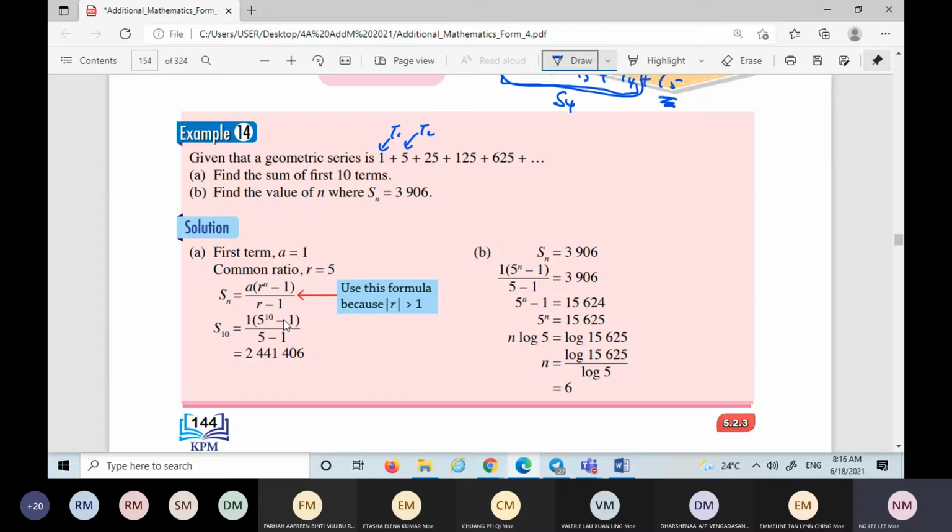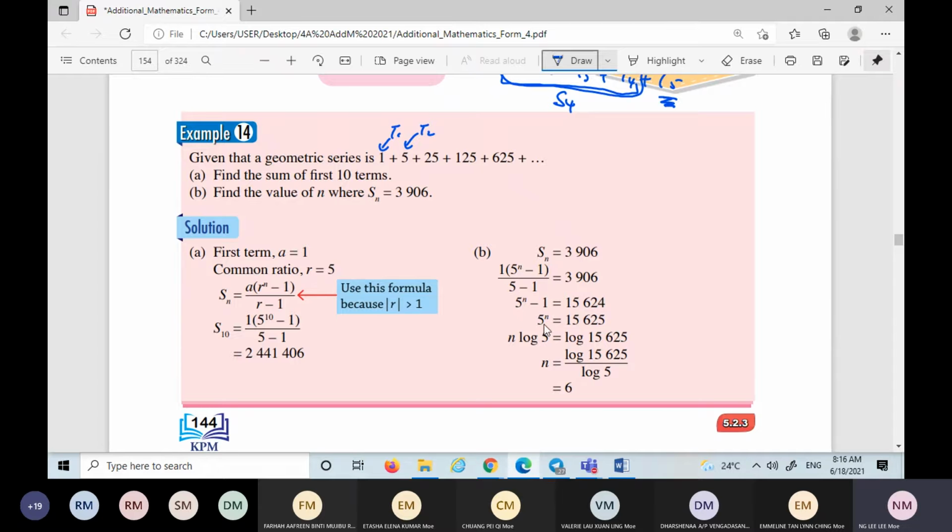For part b, find the value of n where Sn is 3,906. So let 3,906 equal to Sn, then put in the Sn formula. Now you have the a, you have the r, but you don't have the n. First of all, 5 minus 1 is 4, bring to this side times 4. Next, minus 1, bring to this side plus 1.